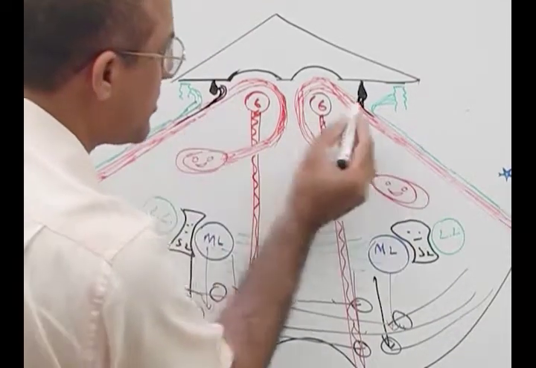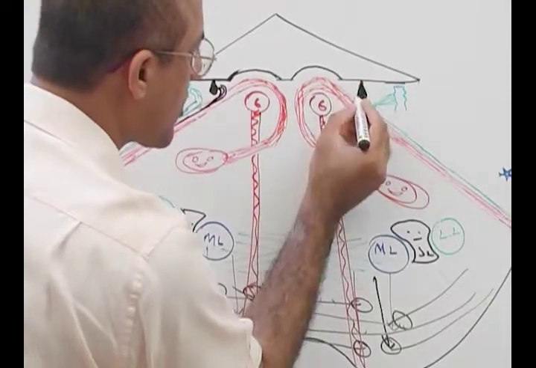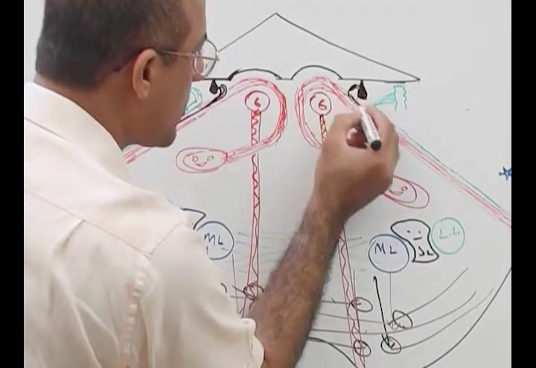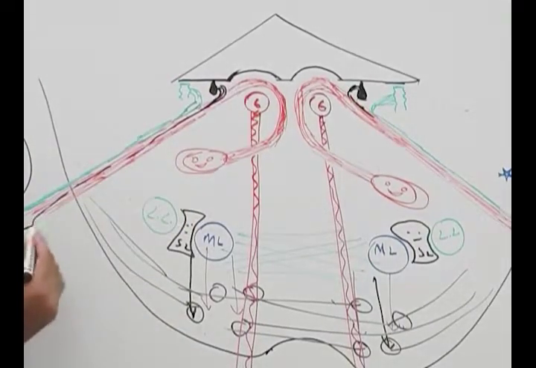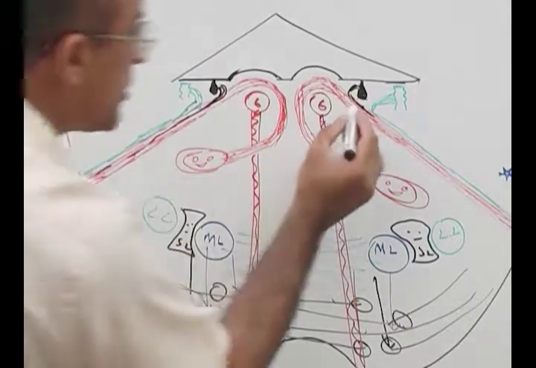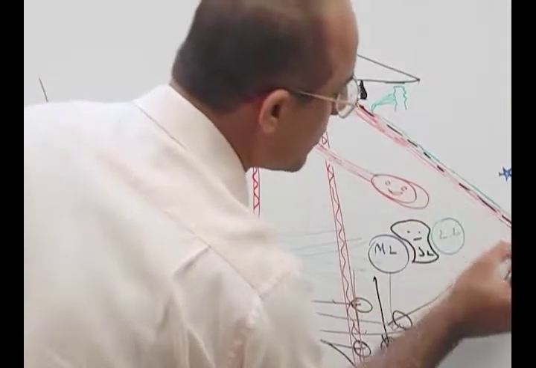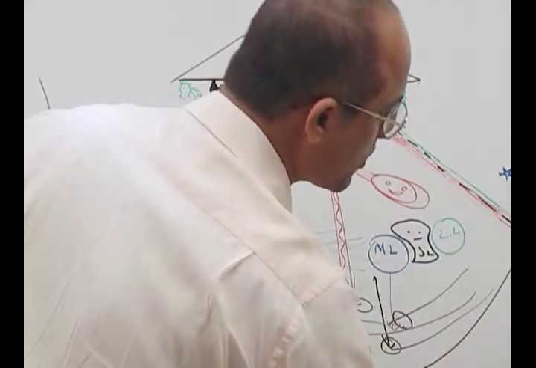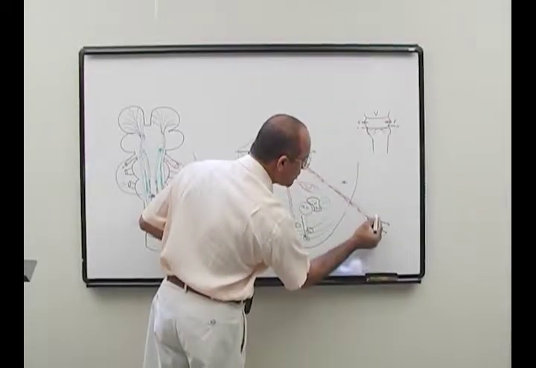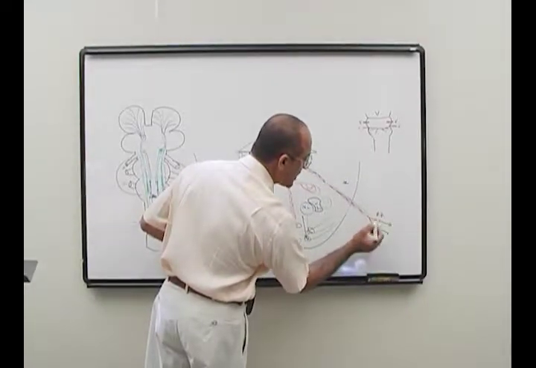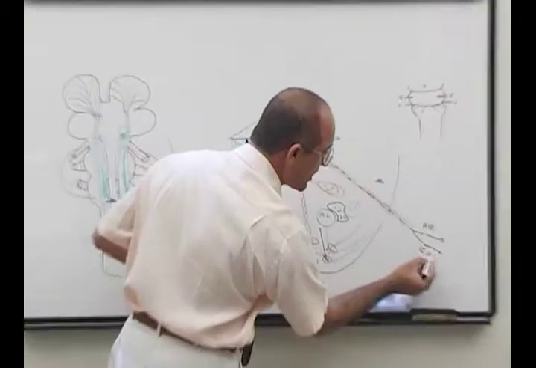And these parasympathetic fibers come out through the facial nerve and go through two ganglia to eventually reach their destination. One ganglion is the pterygopalatine ganglion, the other is the submandibular ganglion.